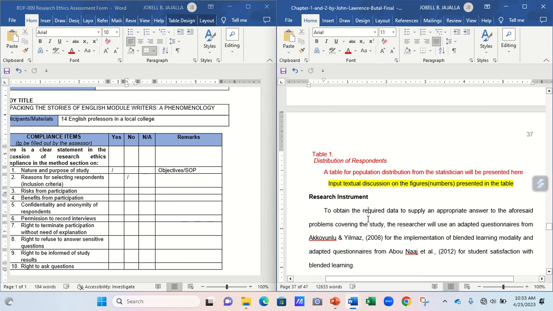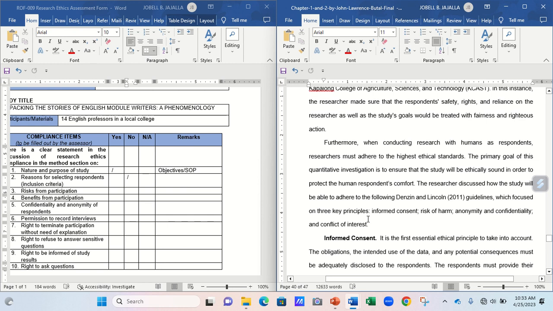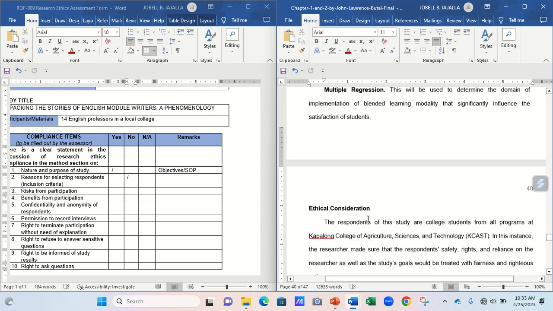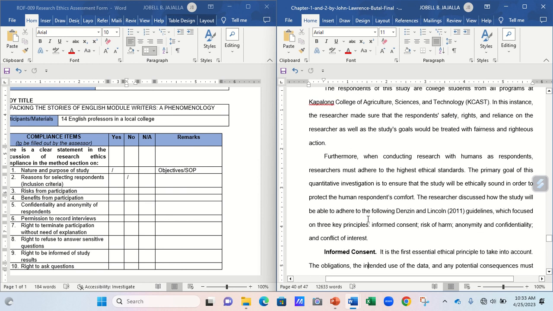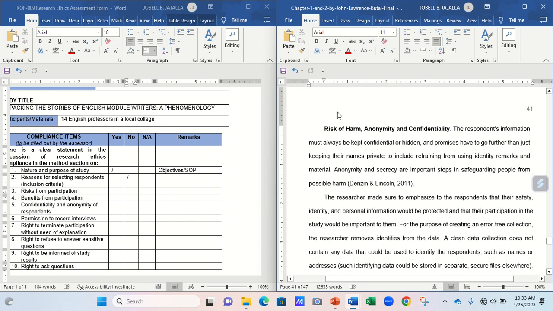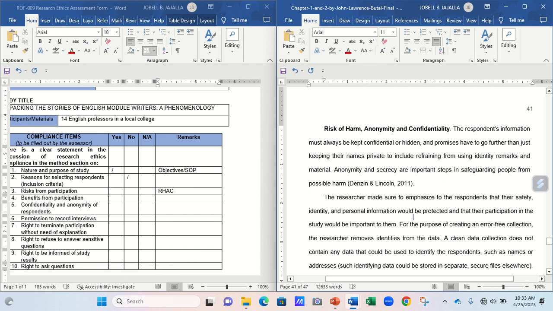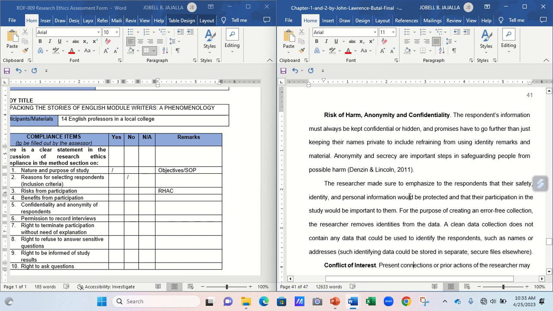Now let's go to the ethical considerations na part. So sa ethical considerations na part, naani siya diri sa chapter 2. So kung tahay risk, no, so naani siya diri sa risk from harm, anonymity and confidentiality. So RHAC ni siya, RHAC. So the researcher made sure to emphasize the respondents that their safety, identity, and personal information would be protected and that their participation would be important to them.